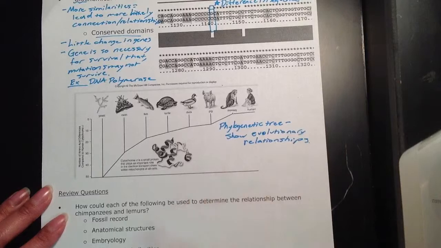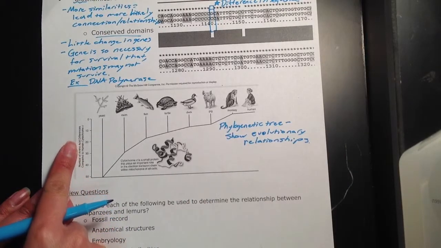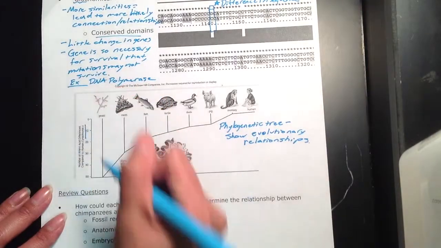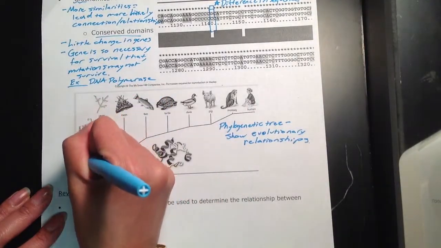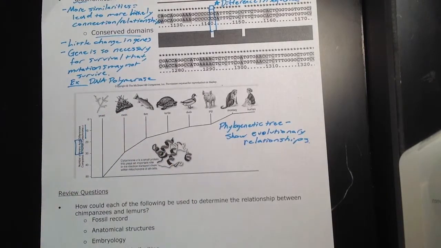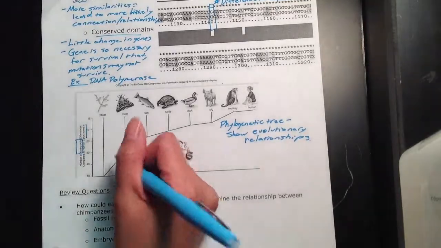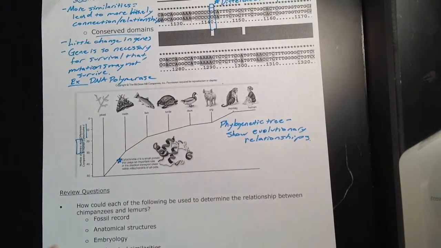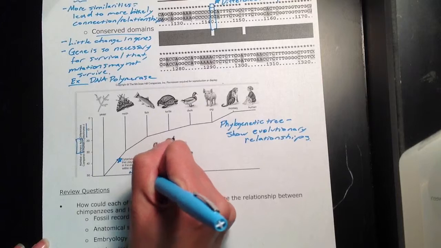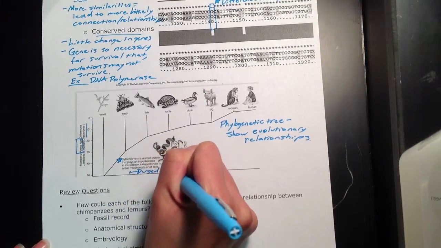The specific example says on the left-hand side the number of amino acid differences compared to human cytochrome C. So we're looking at the amino acid sequence here, not the DNA or RNA, although those we know have a role in that. It tells us over here that cytochrome C is a small protein that plays an important role in the electron transport chain within the mitochondria of cells. So basically meaning this is used in respiration.